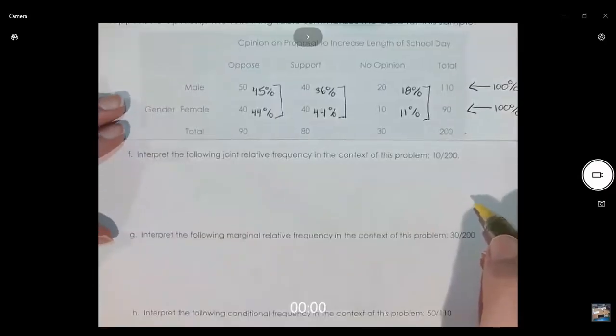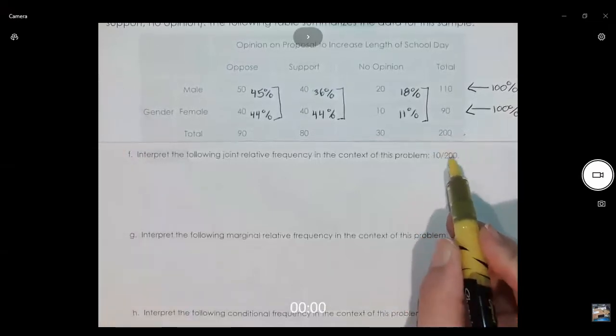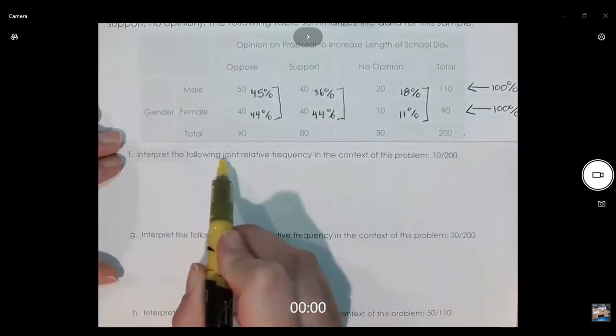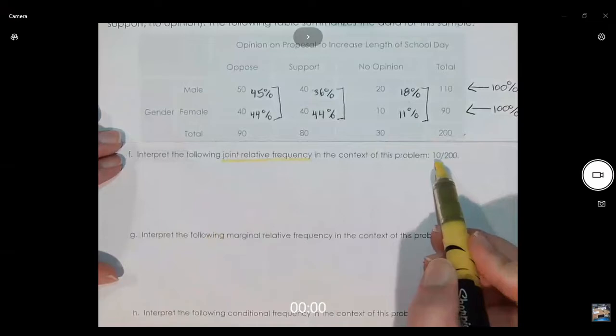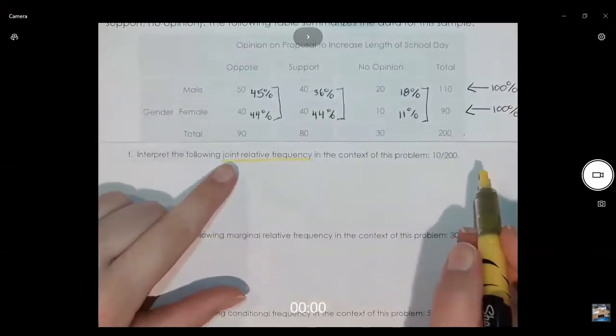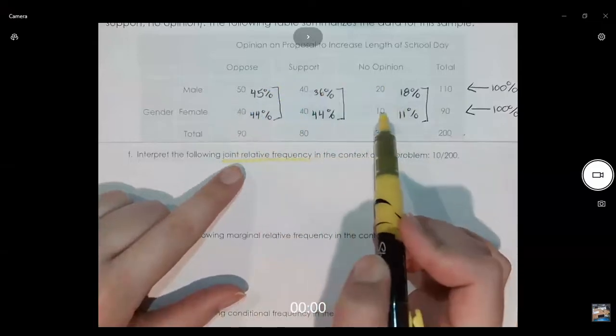So our next examples we're going to look at kind of backwards. If we're given the relative frequency numbers, we want to figure out where that's coming from in the table. It says interpret the joint relative frequency in the context of the problem if you have 10 out of 200. We know that it's a joint frequency, so it has something to do with these numbers that are joining the ideas together out of our total.